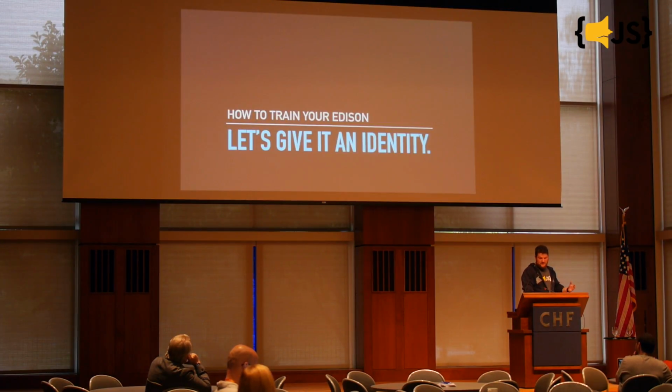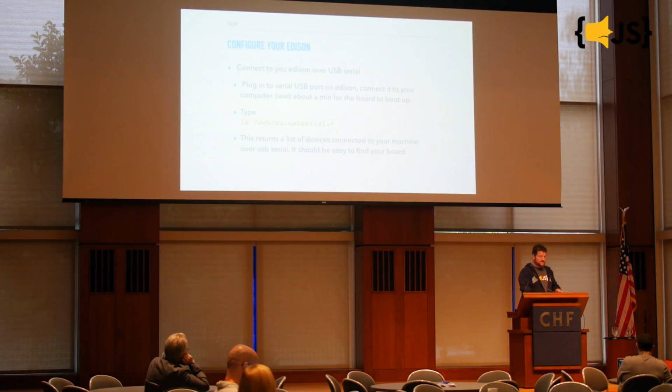Okay, so now we've got the Edison pretty set up and we've got it connected to our computer. We need to start to give it a little bit of an identity, do some configuration. So you can do this by connecting to the Edison over USB serial at first.